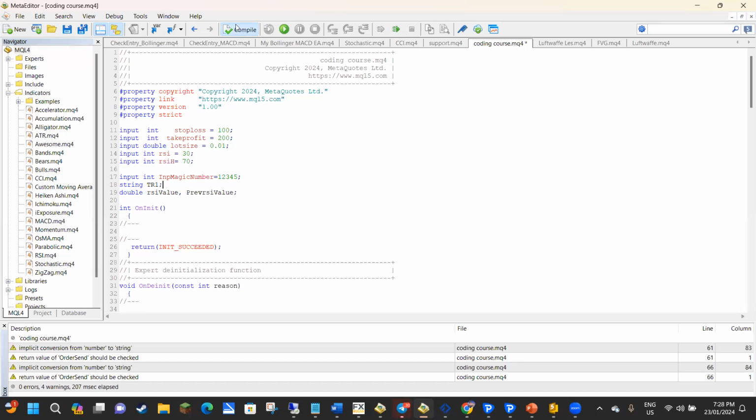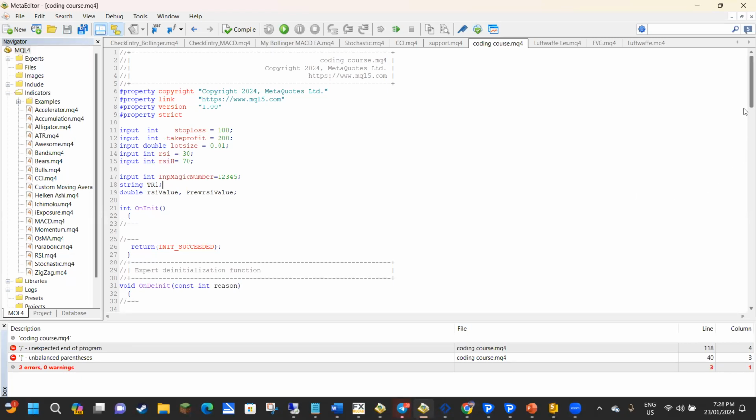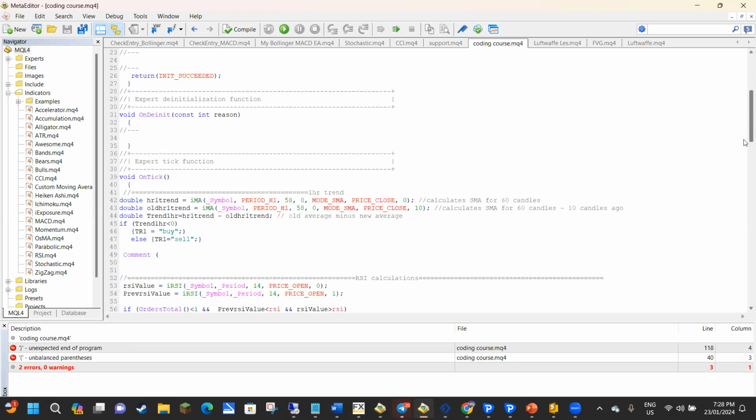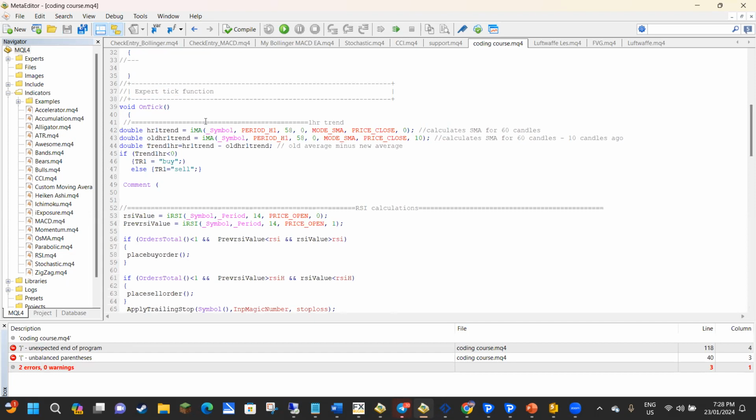Are we compiling okay yet? No. Unbalanced parentheses, that's the one that Aaron likes. So it's obviously just on the code that I've just created here. I just used a normal bracket instead of a curly bracket.